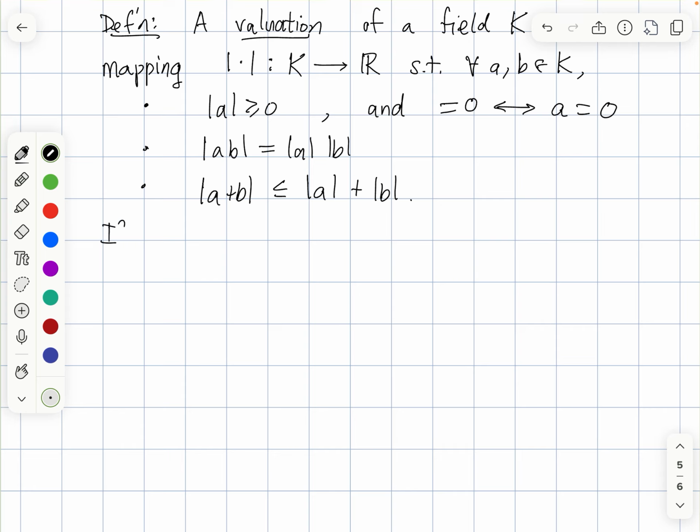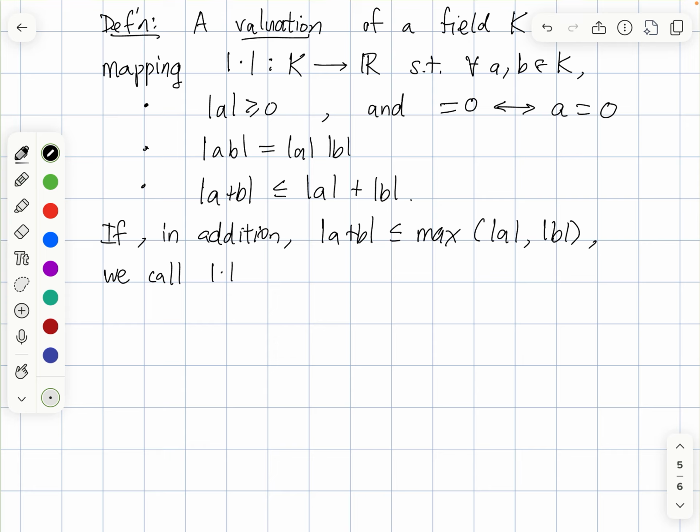So if, in addition, not only do we have the triangle inequality, but we have that the valuation of the sum is less than or equal to the maximum of the two valuations, we call this valuation a non-Archimedean valuation.